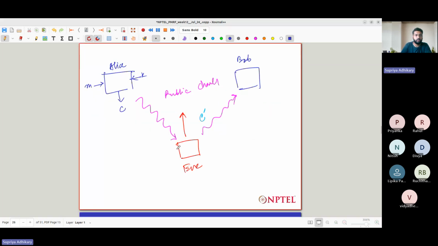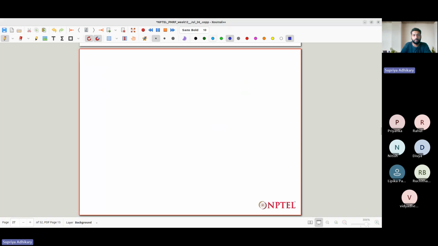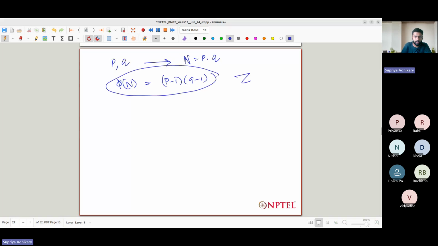Okay, so let's look at the RSA crypto system first. In the RSA crypto system, we had two prime numbers, p and q, and then we had n as the product of the two prime numbers, and then we had phi of n, which was computed as (p minus 1) times (q minus 1). So this is the order of Zn star. Now the question is, if we make this phi of n public, is it possible that we can generate the secret value?